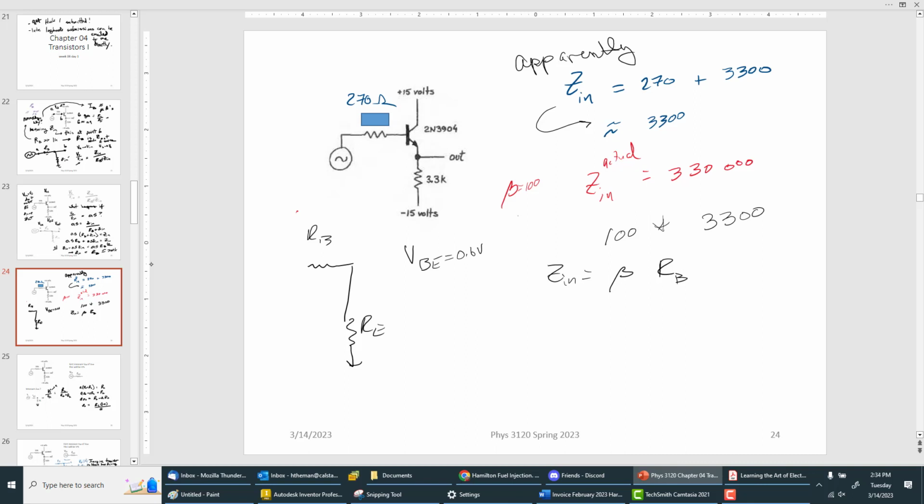But other than that, whatever the voltage is at the emitter, and then R emitter determines what I is through the transistor. But what it also does is it means that we get an apparent Zn of 3300, but our real Zn is 100 times that.